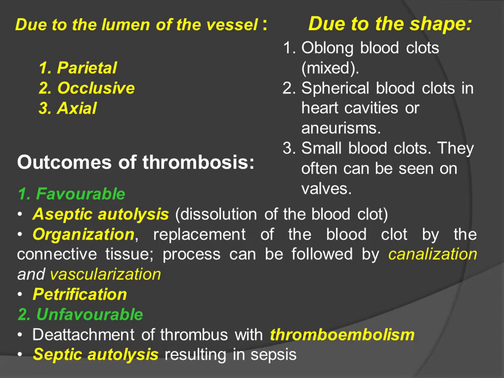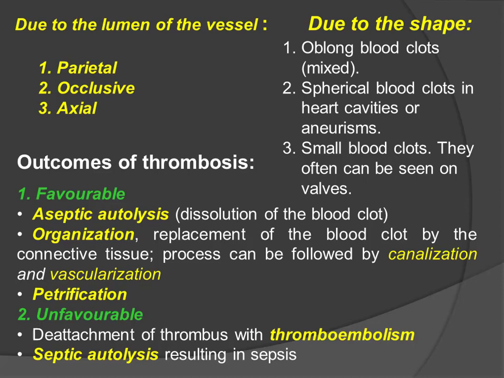There are favorable and unfavorable outcomes of thrombosis. Favorable outcomes: aseptic autolysis is an ideal favorable outcome leading to the complete destruction of the blood clots due to the activation of the fibrinolytic system.